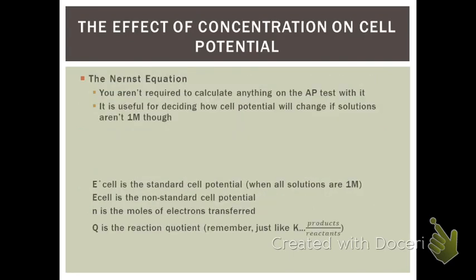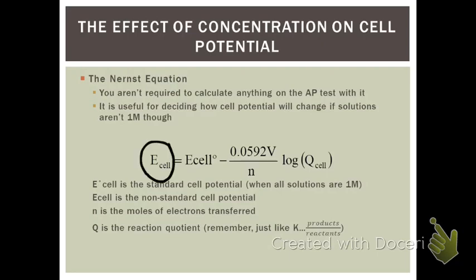Like I said, you aren't actually required to calculate anything, but the Nernst equation is the way that you do calculate anything that's not standard cell potential. And this is the equation, but all I want to point out to you is the following. E cell here is non-standard. Notice it doesn't have that little naught symbol. And it's equal to the standard cell potential, and then it takes into account the differences.